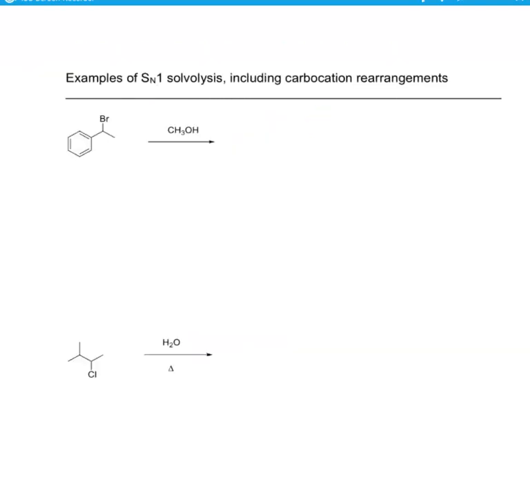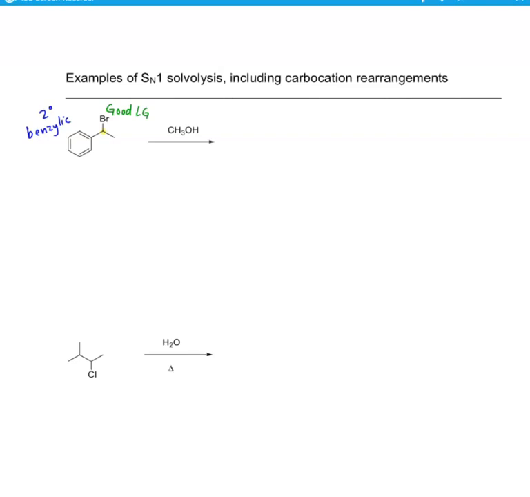We have a secondary substrate, and we can get even more detailed about this. The leaving group is attached to a benzylic carbon. So this is secondary and benzylic. The leaving group, as we already know, is a good one.